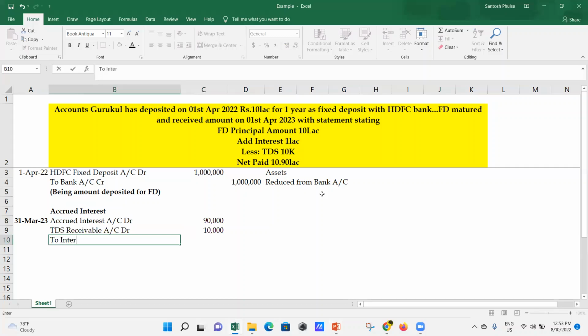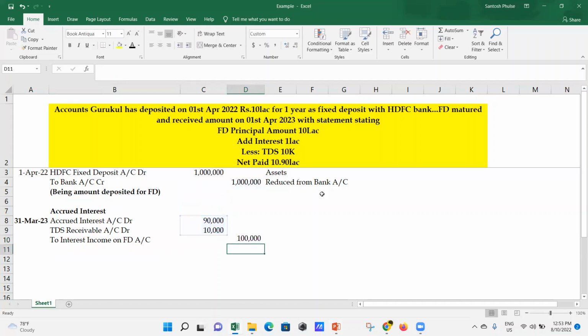And to interest income on FD account, 1 lakh is credited. The accrued interest is parked towards assets, the TDS receivable is also an asset, and the credit is to the P&L account as income.